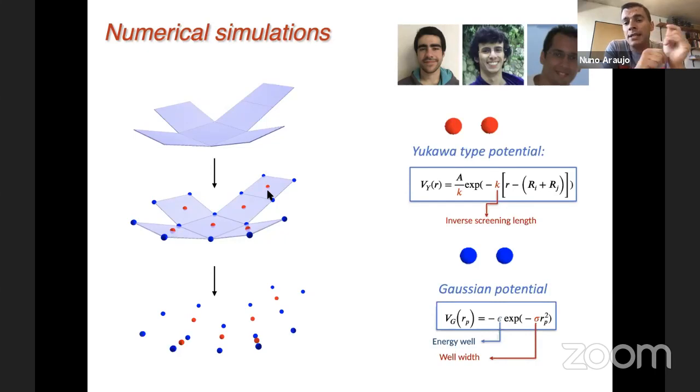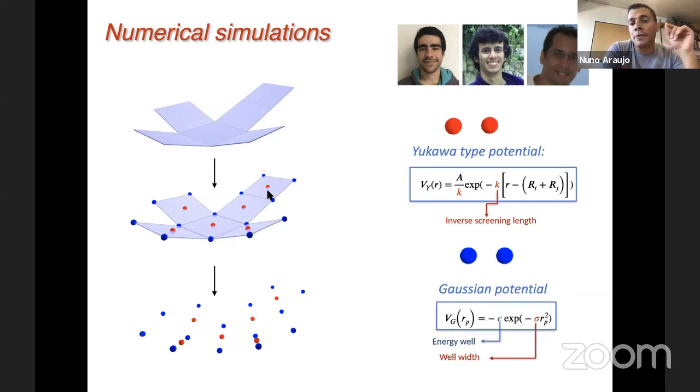And the assumption that we are using here, and this was the same for all the analytics arguments that we used, was to consider that the two only stick together when they are at a very short distance, basically when they enter into contact.